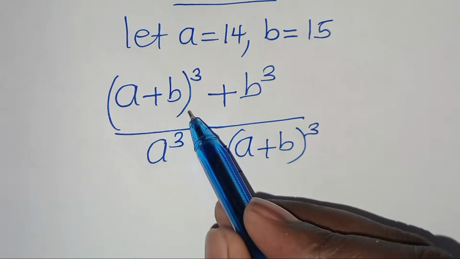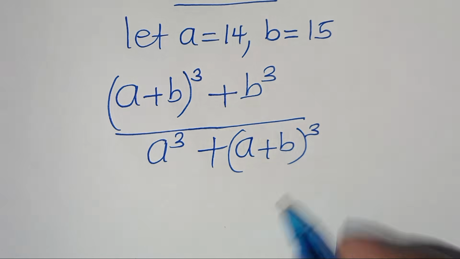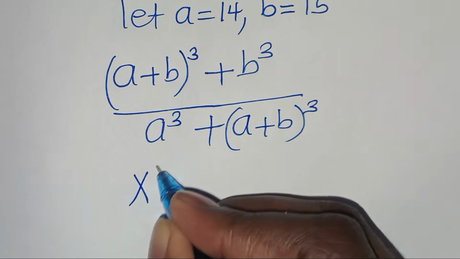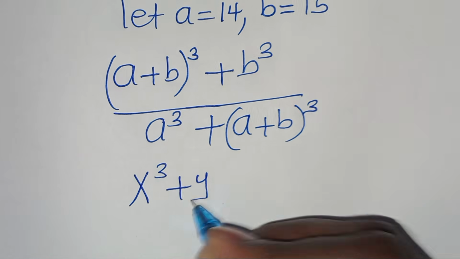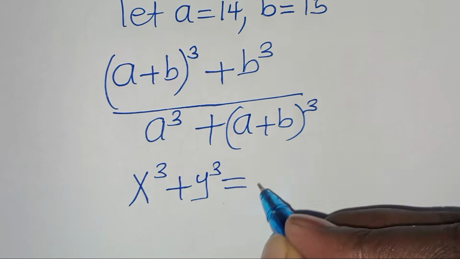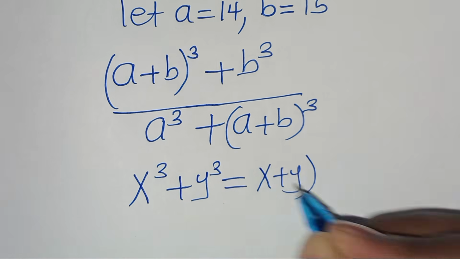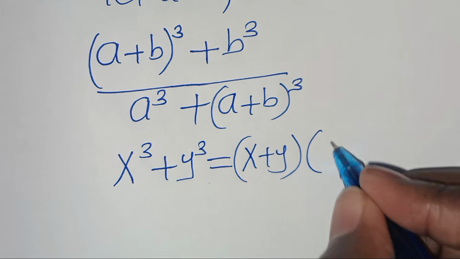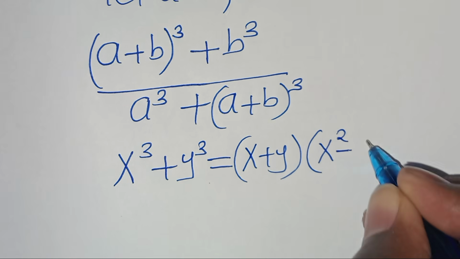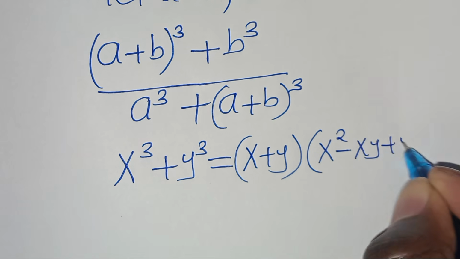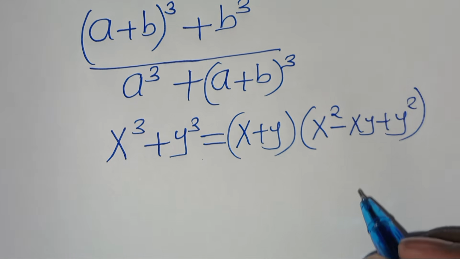Now (a plus b) to the power of 3 plus b to the power of 3 is in the form of x to the power of 3 plus y to the power of 3, which can be expressed as (x plus y) into the parentheses, times x to the power of 2 minus xy plus y to the power of 2.